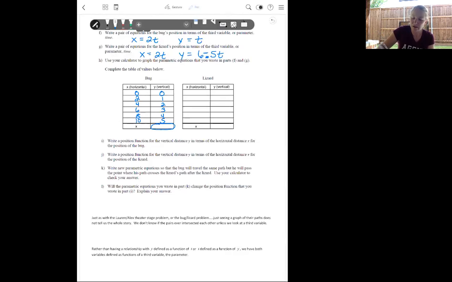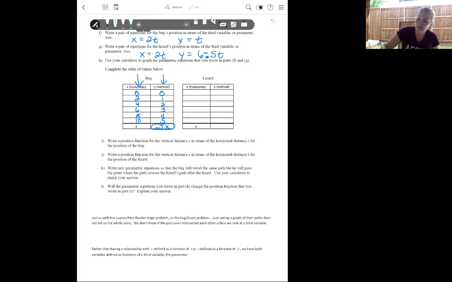So look at your x column, 0, 2, 4, 6, 8, 10. Now look at your y column, 0, 1, 2, 3, 4, 5. How do your y values relate to your x values? So we can see all the y values are half of every x value. So then our equation here would be 0.5x.